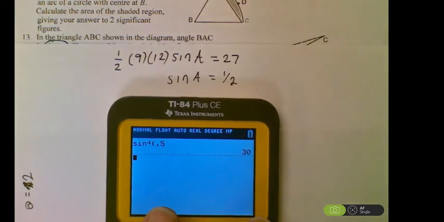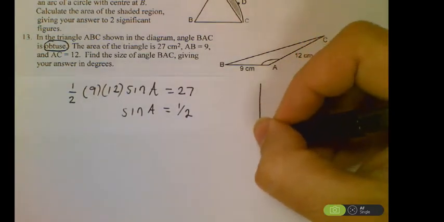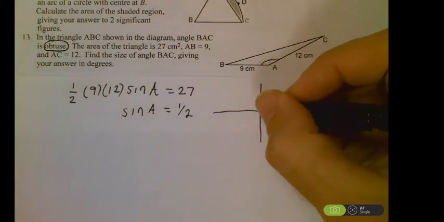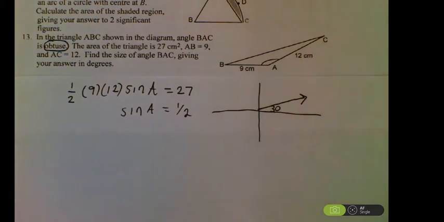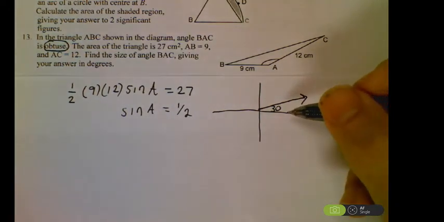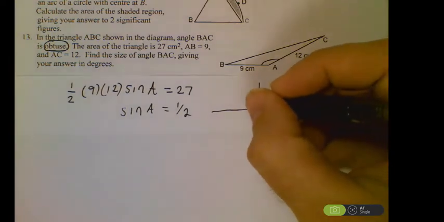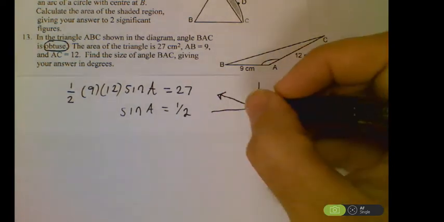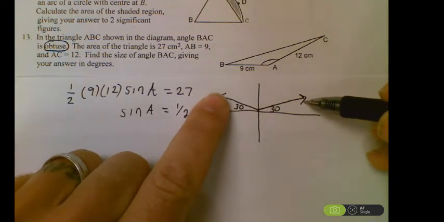So here's something I want you to keep in mind though. If you had a 30-degree angle, so that would be this guy right here. Remember in a sine function, the sine is like your y value. So we're going up and down, which means the sine where you would get 30 is the same value as this angle right here. Those guys are the same sine function because they both go up the same amount.